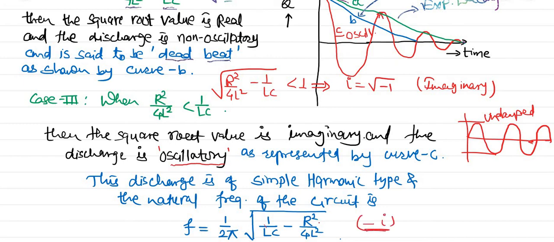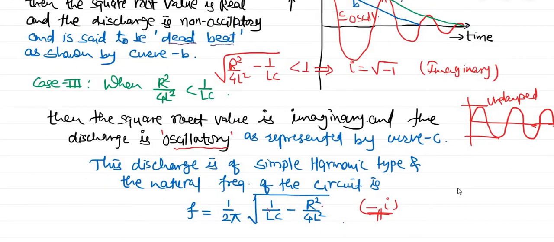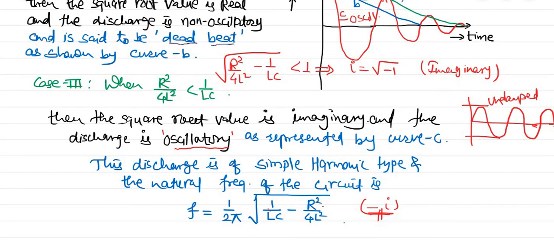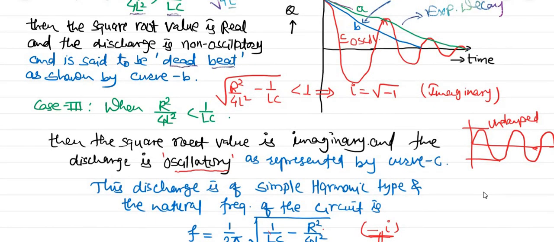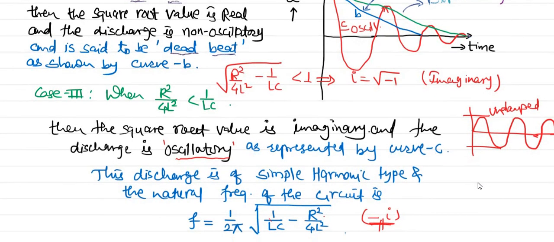That's why we are getting an imaginary root, and therefore this type of oscillation is called simple harmonic oscillation, and this is the third case. So it is shown as in curve C, right? So this is regarding the damped simple harmonic motion in an electrical circuit.